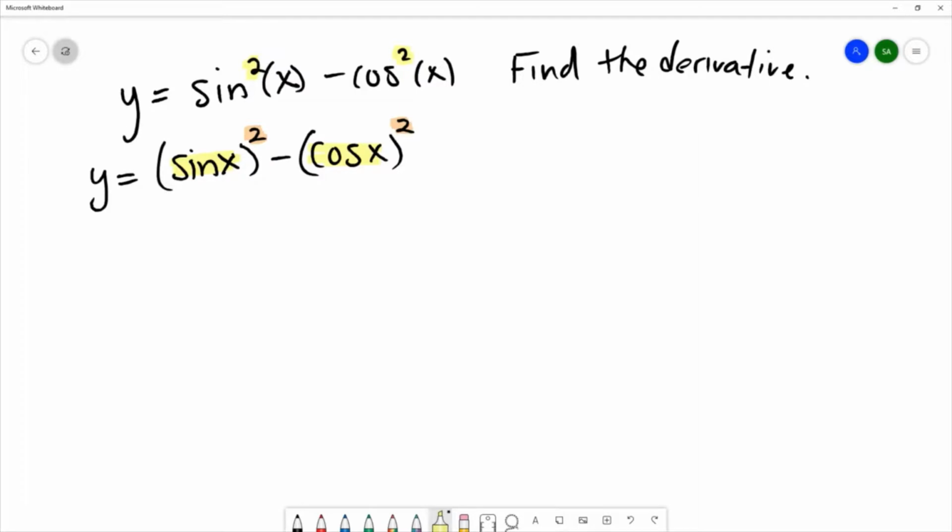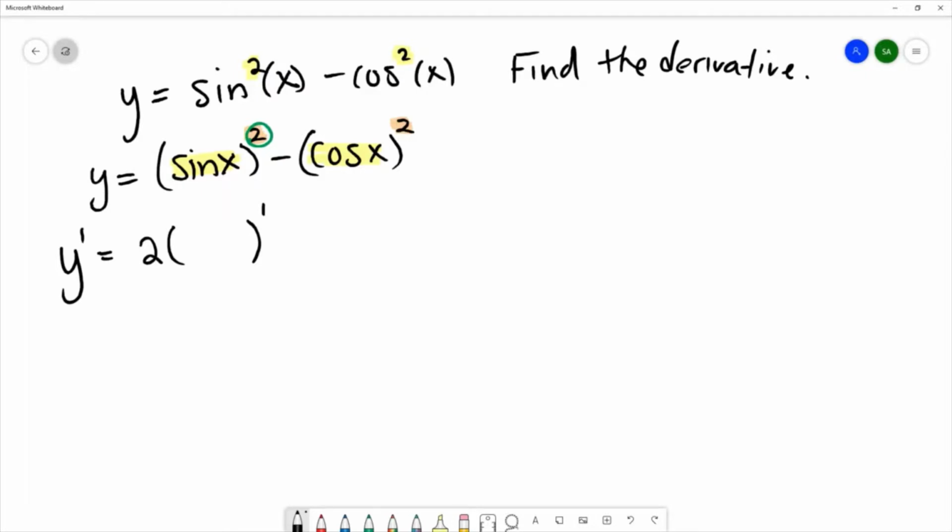So I'm going to apply the chain rule to find this derivative, and I'm using the power as my outside function. So I need to follow the power rule. To follow the power rule, I'll bring the power down and take one away from the power.